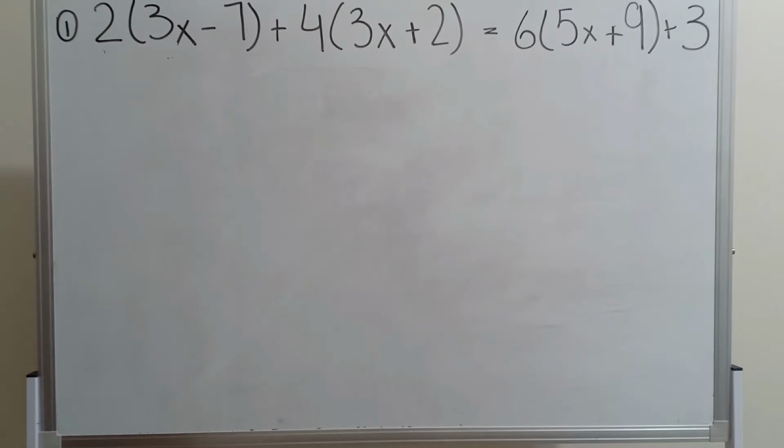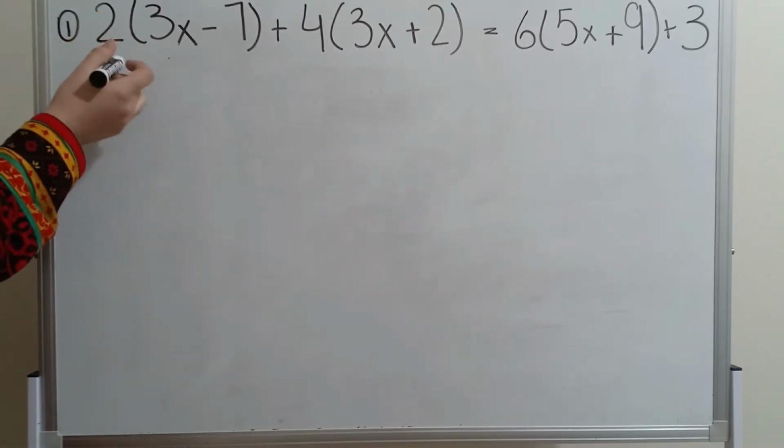It says 2 times 3x subtract 7 plus 4 times 3x plus 2 equals 6 times 5x plus 9 and plus 3 at the end. So first thing we're going to do is obviously multiply to simplify it a little bit.